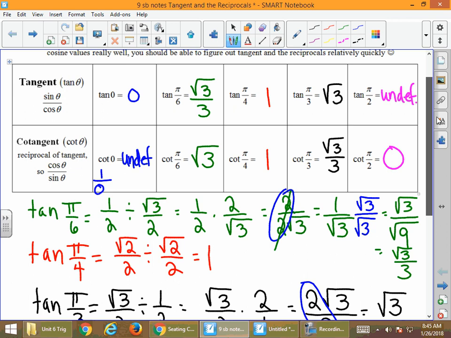So in terms of memorizing again, just from my perspective and maybe a couple other people's, I learn tangent and then I apply it to cotangent. I don't have any tricks to remember cotangent. Because once again, for the tangent of pi over 6, 3 plus 3 is 6. The tangent of pi over 3, the 3's, it's just the square root of 3.